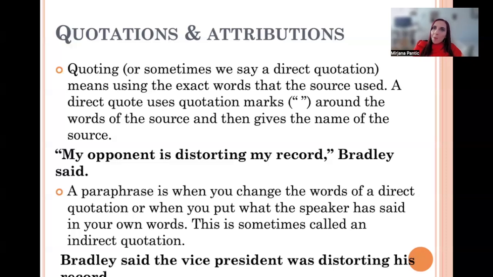So I'm going to understand exactly what the person meant based on what they said. Sometimes people tend to be confusing. They tend to use too many words, or maybe they use complicated words. So if that happens, I would rather, as a journalist, paraphrase them using my own words.